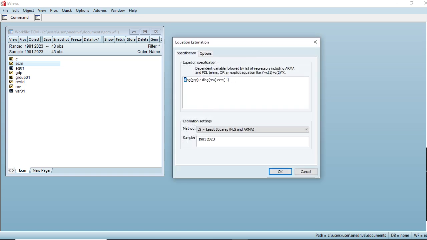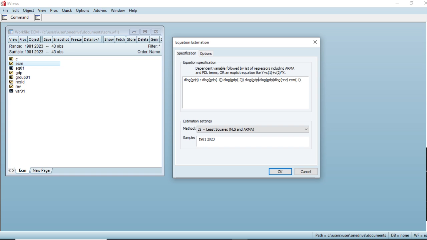We start with d log GDP. Let's get 4 variants of it: 1, 2, 3, 4. Now let's include the time lags. The first, minus 1, then we close the bracket. Open bracket, minus 2, close the bracket.